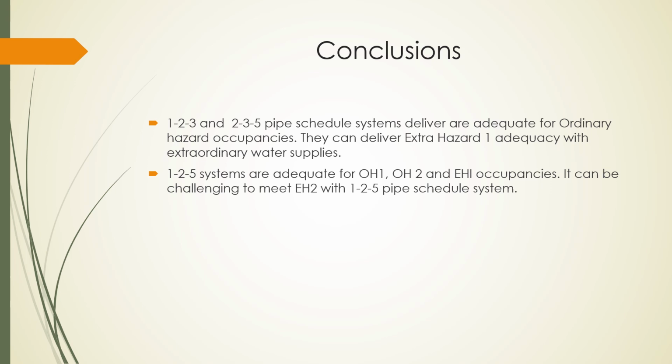The 125 system is likely to be adequate for the OH1, the ordinary hazard 2, the low combustible occupancies, and the high combustible but little and no flammable liquids. The 125 is up for the challenge of handling that. And then the EH2 with the 125 and their demands of 0.38, the densities of 0.38 over 3,000, that's going to be a challenge for these systems to meet.